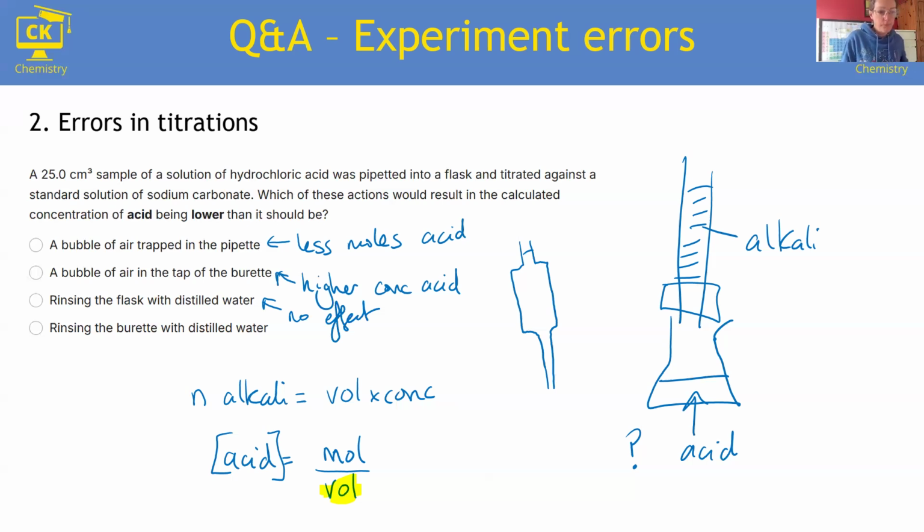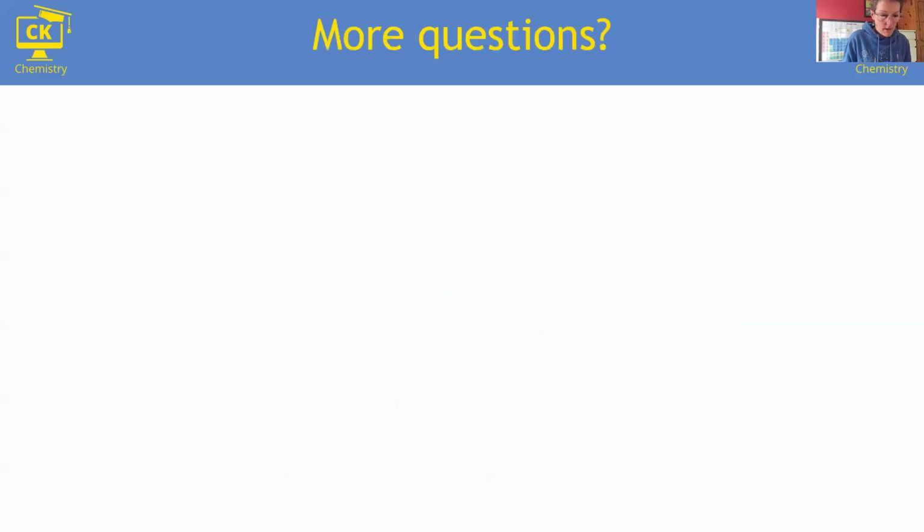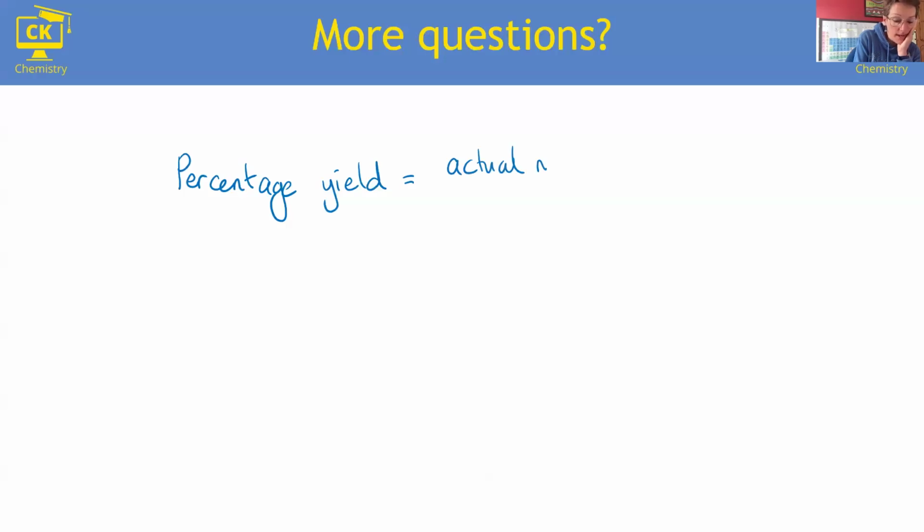Percentage yield. Without an example, my main advice to you on that one is to write out the formula for percentage yield, which is either going to be the actual mass over maximum mass times 100.